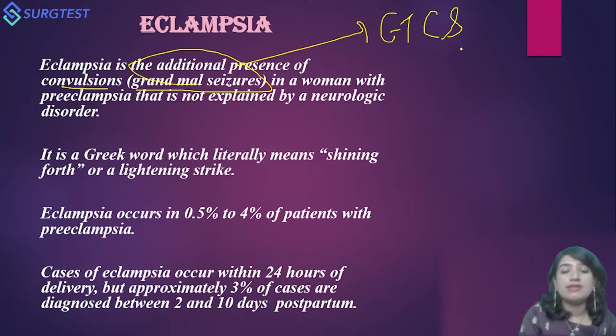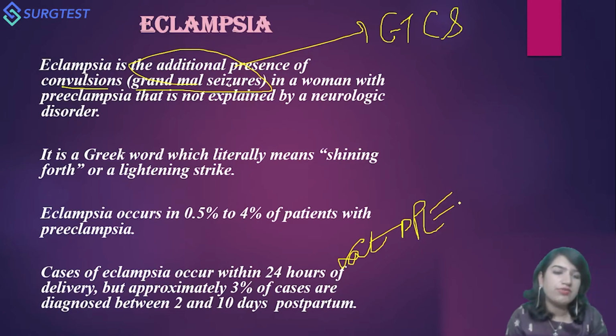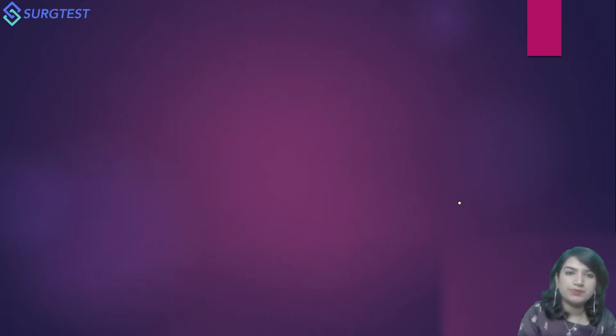That means there is something called late PPE or late postpartum eclampsia. So ideally it is seen within 24 hours of delivery, but you may have an episode of convulsion even up to 10 days postpartum, and still it would qualify for the diagnosis of postpartum eclampsia.